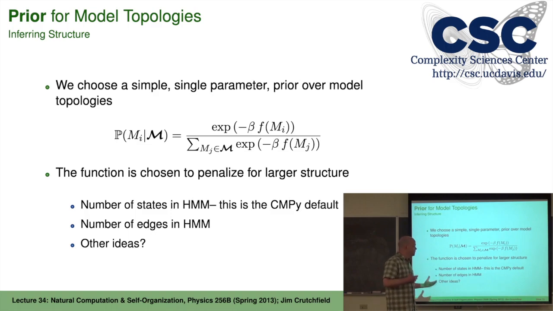Although there are some Occam's razor effects on the lower levels, in terms of the number of transition probabilities and how many states, that will naturally prefer one topology over another. This is sort of an extra part. And actually for the topological epsilon machines, this becomes important for very small data sets, because there are periodic processes in there that will just have 3 states and they'll go 0, 1, 1.